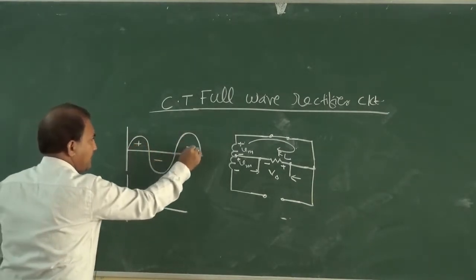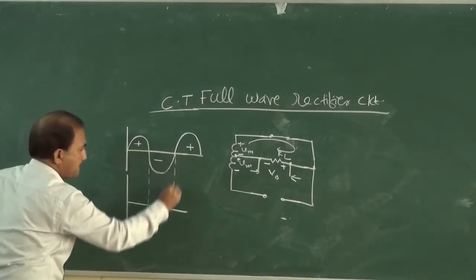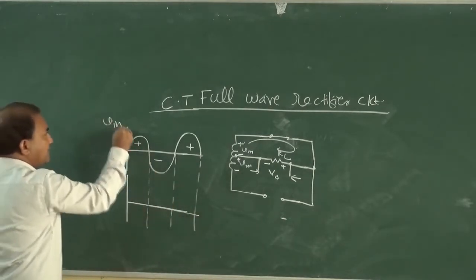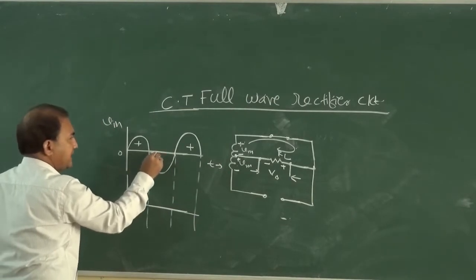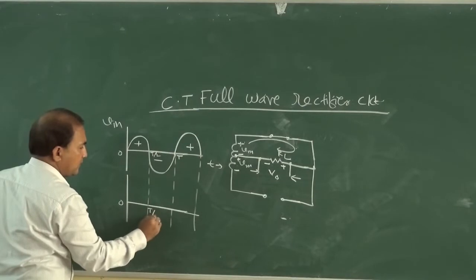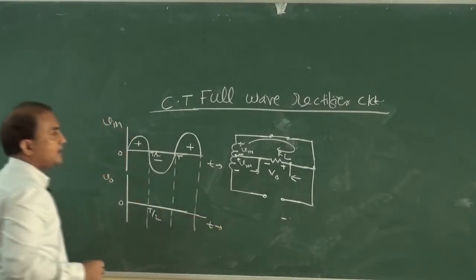This is V in versus time t, with 0, T by 2, T, and this is V out versus time t.